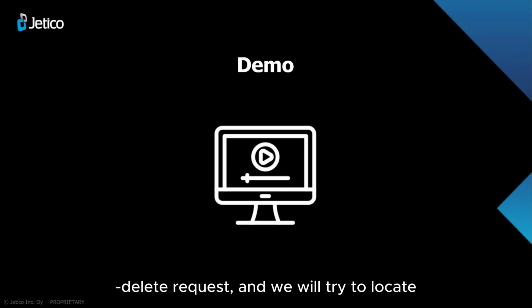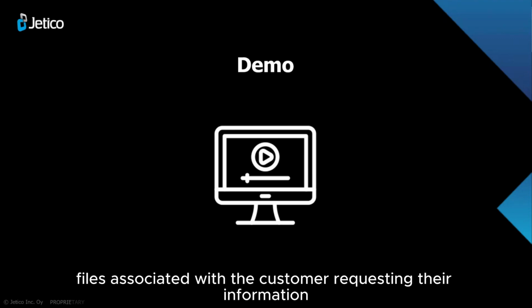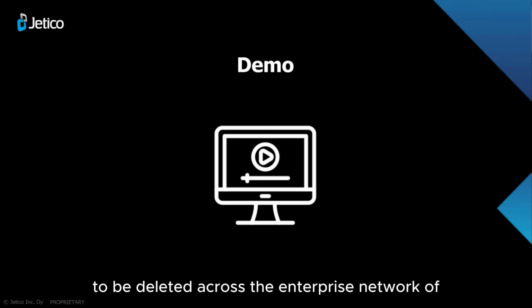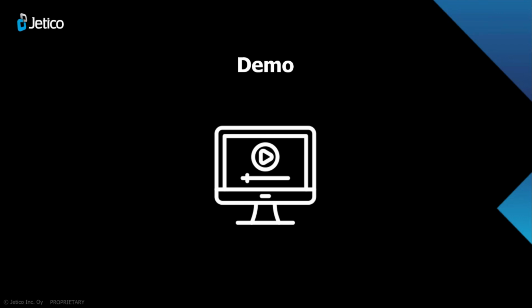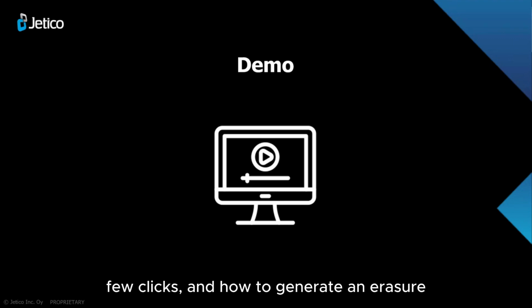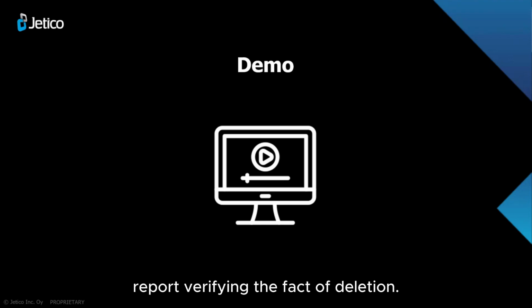We will try to locate files associated with the customer requesting their information to be deleted across the enterprise network of this imaginary organization we've created specifically for this demo today. And we will then have a look at how these files can be deleted in just a few clicks and how to generate an erasure report verifying the fact of deletion.